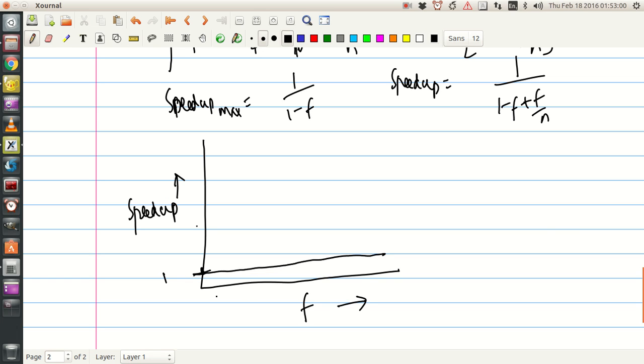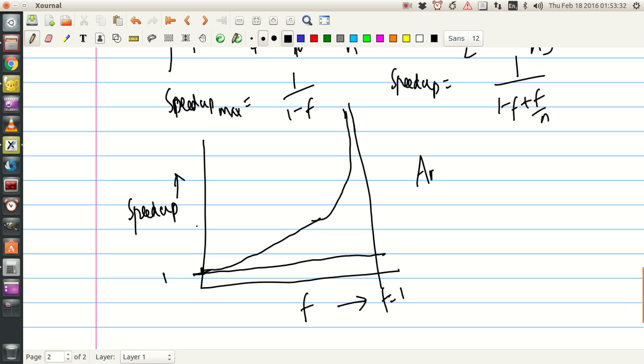Gradually, with the increase in f, your speed up increases, and when f approaches 1, all of a sudden you get a kink, and your speed up asymptotically increases and reaches almost infinity.